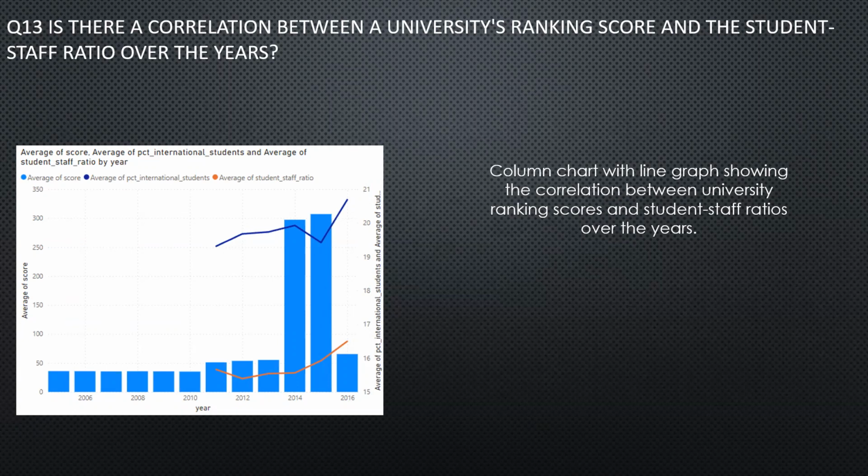So in this chart, we can see that the relationship between the average score at a university and the student staff ratio offers information on both academic performance and resource allocation. It's crucial to take into account a variety of factors affecting academic achievement.